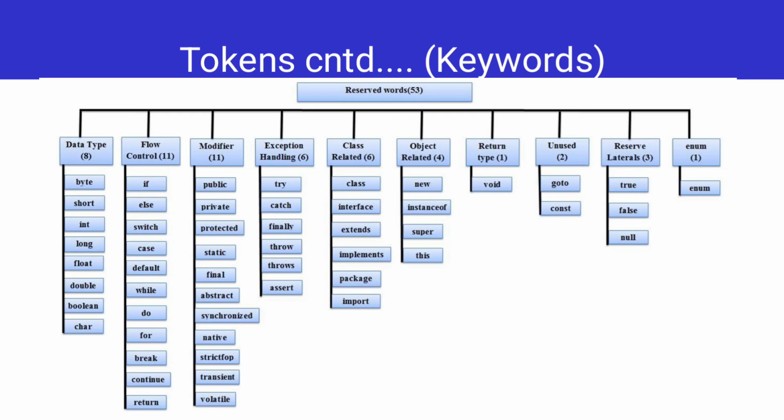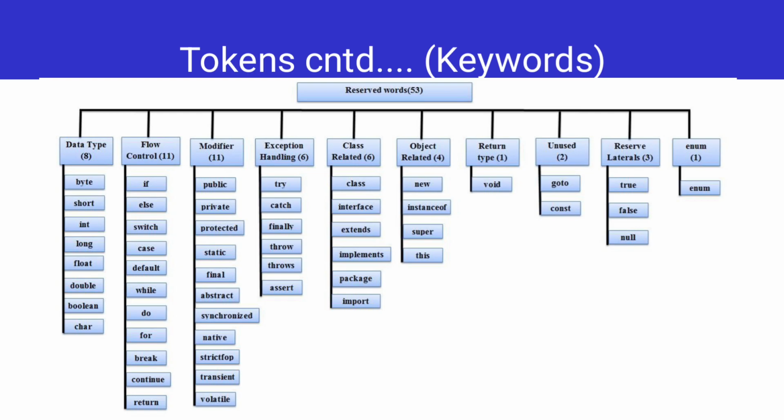Now the next category is class related. The class related keywords are class, interface, extends, implements, package, and import. Now object related. Object related keywords are divided into four parts: new, instanceof, super, and this. Now the return type. In the return type category, only one keyword comes, void, and void means having no return type. Now moving toward unused.